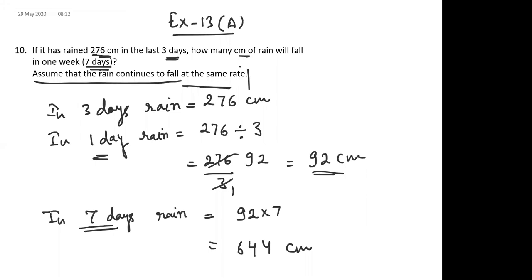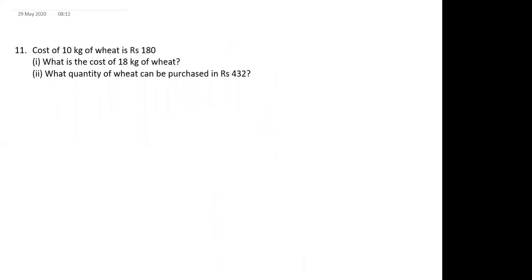Now let us do the next question. Cost of 10 kg of wheat is rupees 180. What is the cost of 18 kg of wheat? So this is also a very simple kind of question. So write, 10 kilograms of wheat is equal to rupees 180.